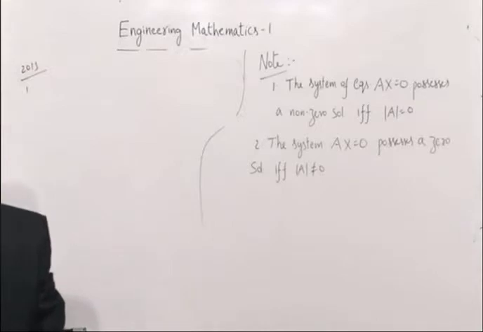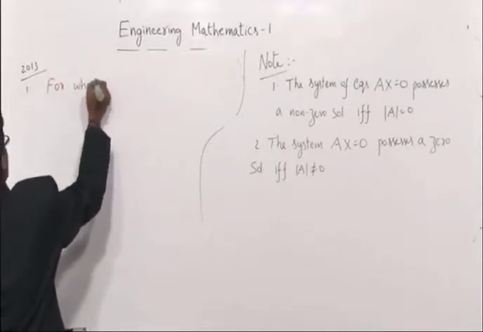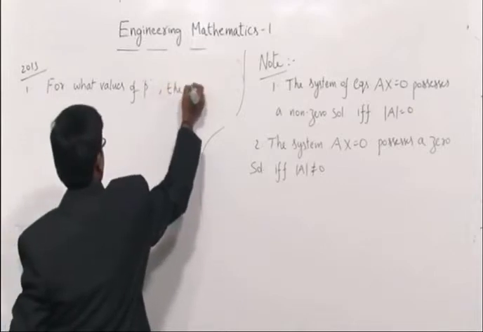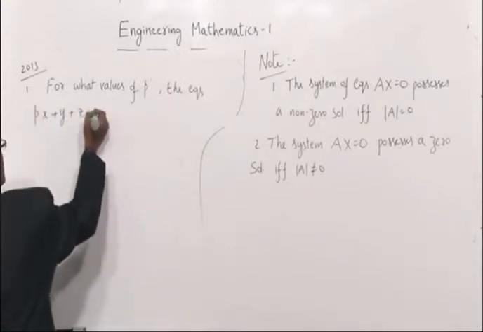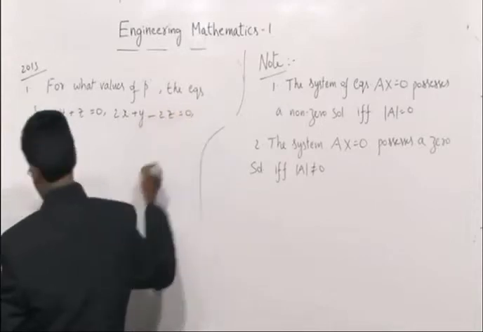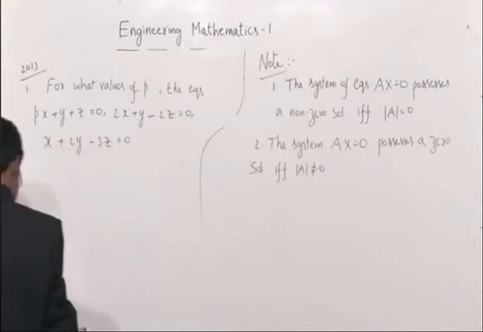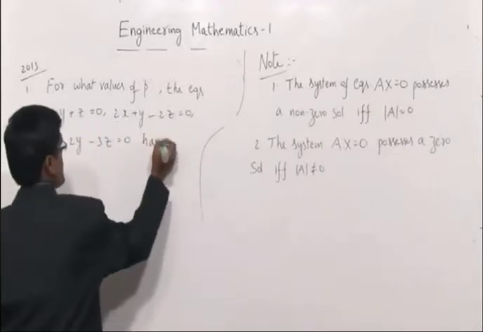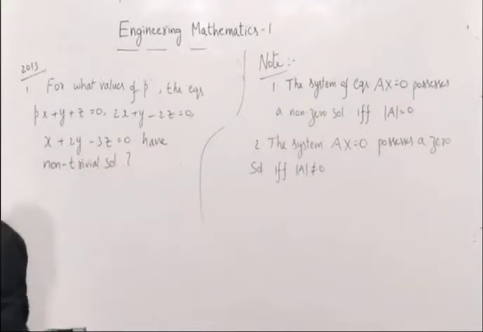2013. 1. For what values of P, the equations Px plus y plus z is equal to 0, 2x plus y minus 2z is equal to 0, x plus 2y minus 3z is equal to 0, have non-trivial solution?